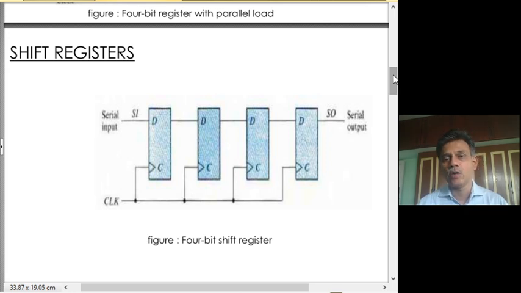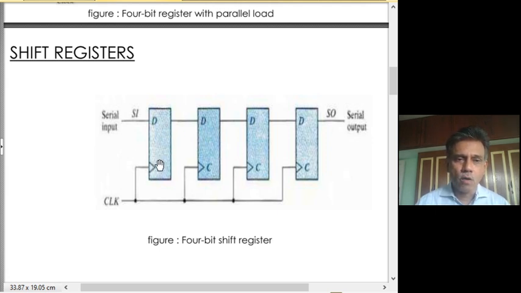Similarly, if you want to read it out, you have to read 1 bit at a time, so you need 4 clock periods to read all 4 bits. So it is a time consuming operation, but the number of signals that go in and come out becomes less. So a shift register can achieve it. Here again we have a 4-bit register, but this is a shift register.